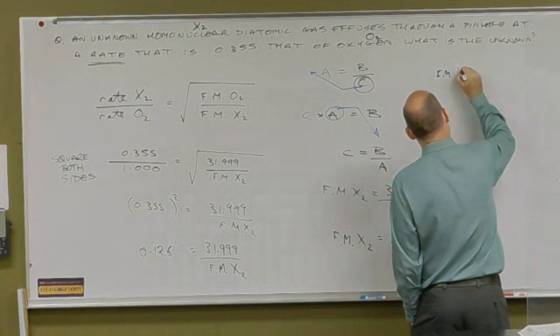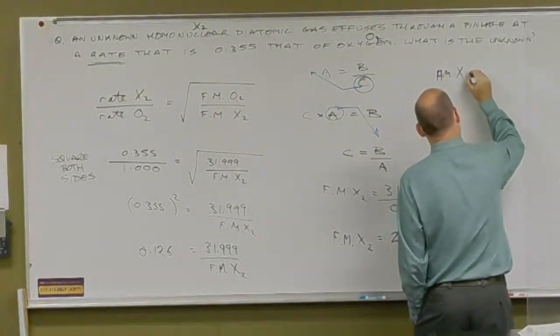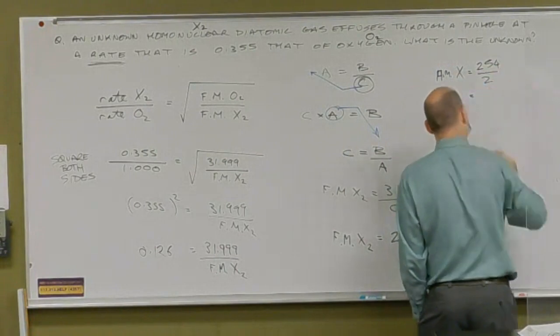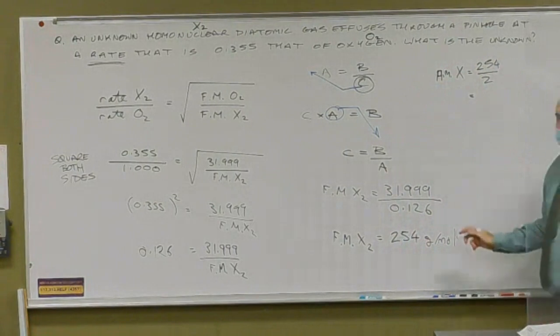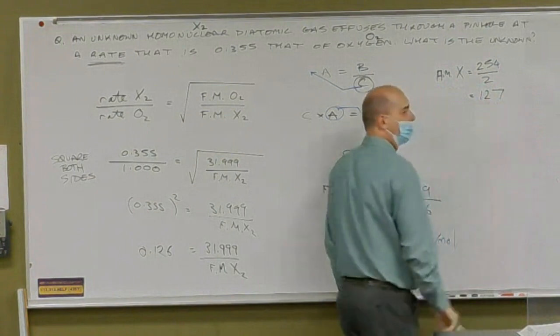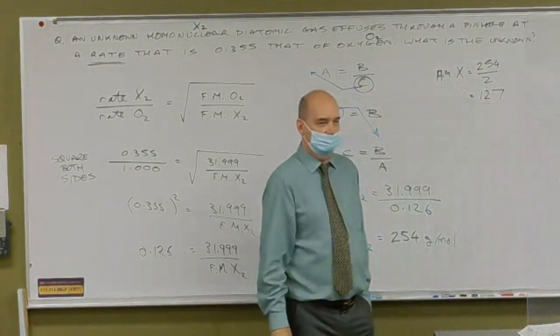Therefore, the formula mass of X, or really atomic mass of X, is 254 divided by 2, which is what? 127. 126.98.